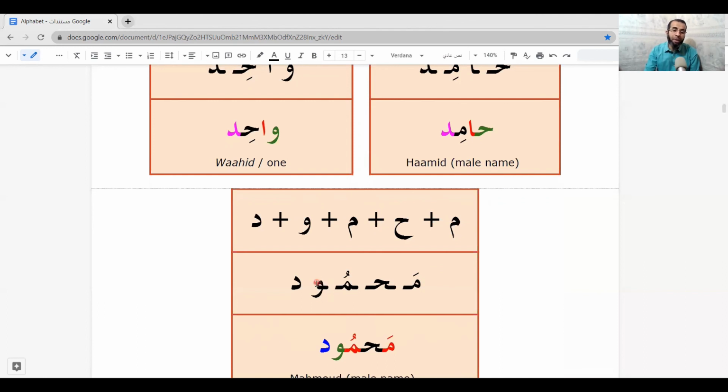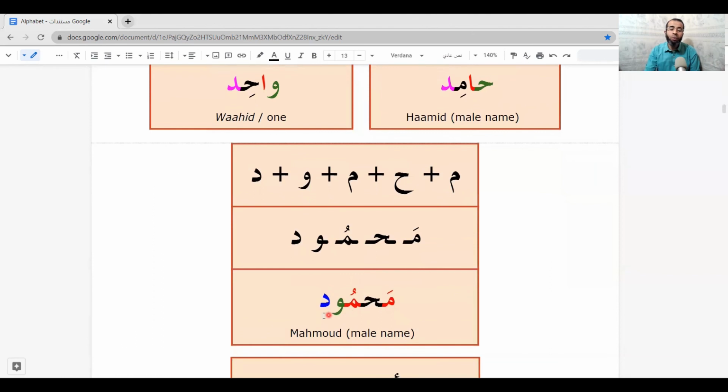And it's also followed by a long vowel. So say mu, not only mu, but mu because of this long vowel. So this is Mahmud. Mahmud is a male name. Write all these words one by one.